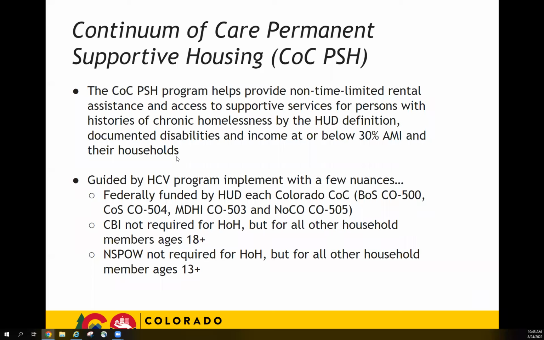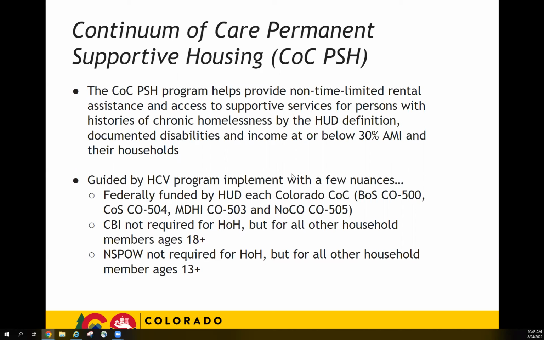But to begin, the program does serve individuals and families that have a history of chronic homelessness by the HUD definition. So that means 12 consecutive months, or for instances in 3 years that total 12 months, income at or below the 30% AMI, and have a disability that can be documented by a licensed professional within the state of Colorado.